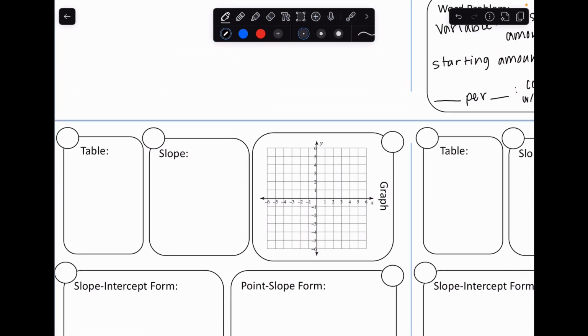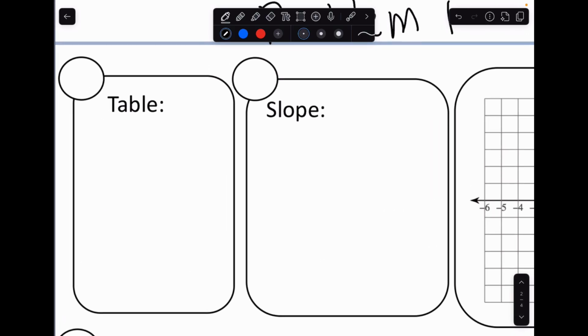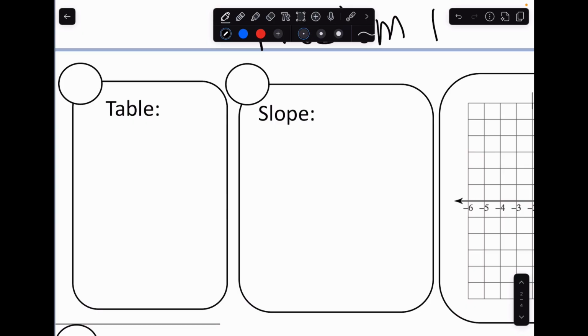For our problem 1, we're going to be given the table first. So our table is, again, we have our x and our y's.